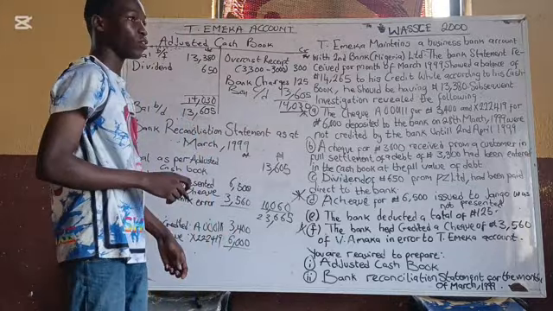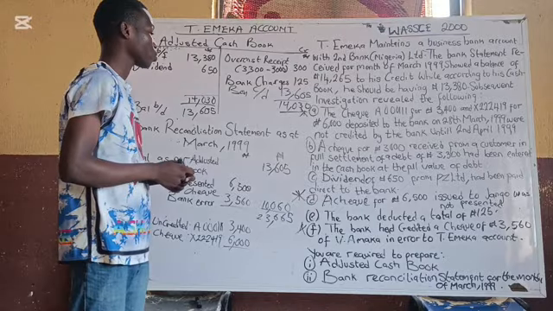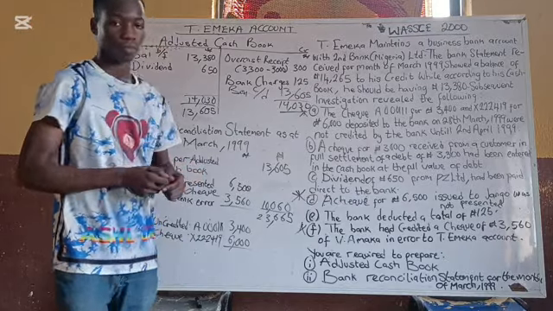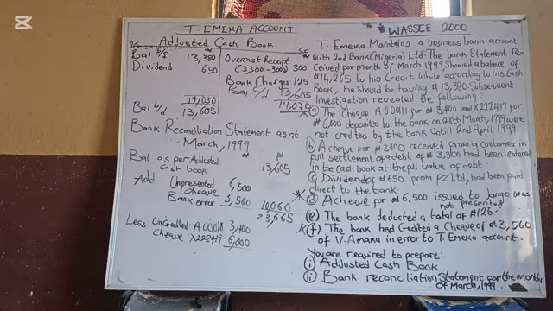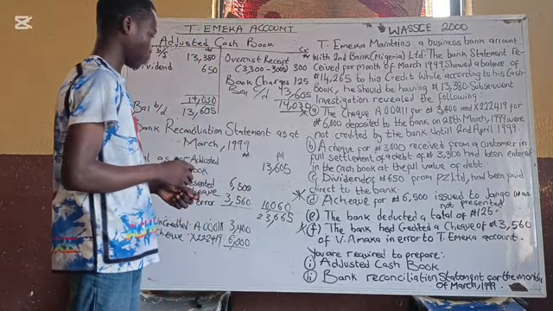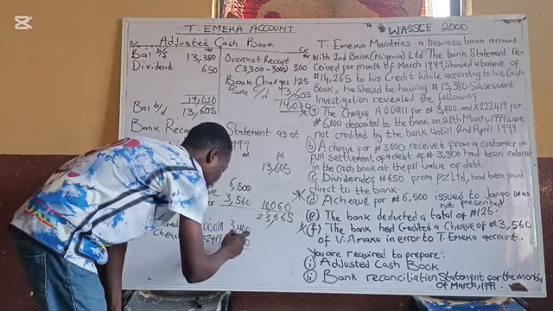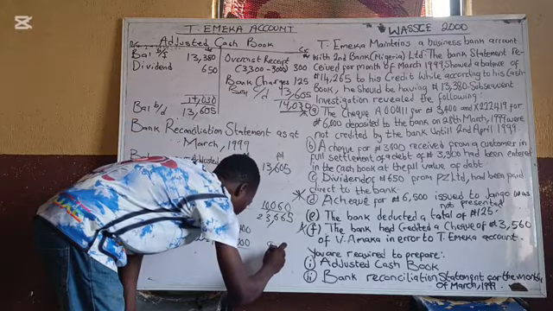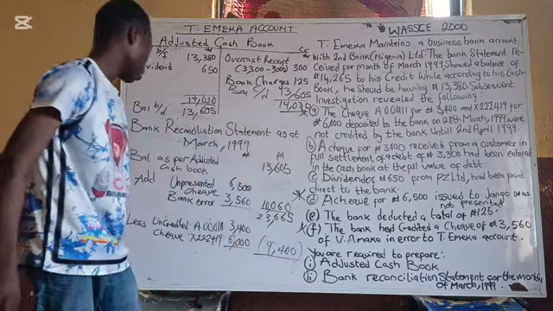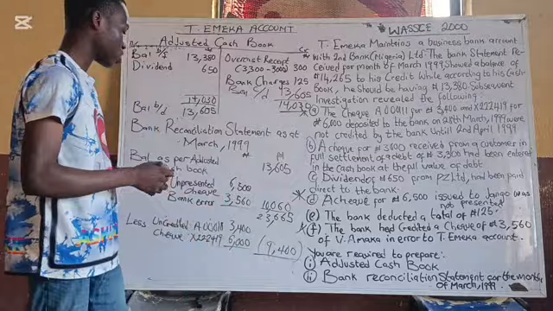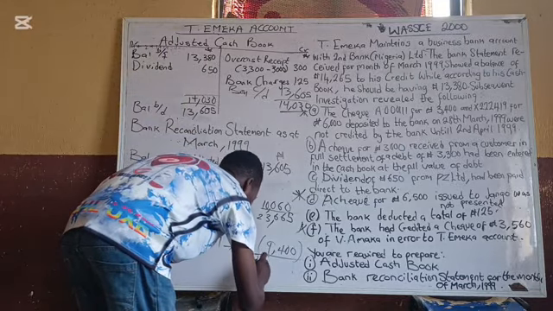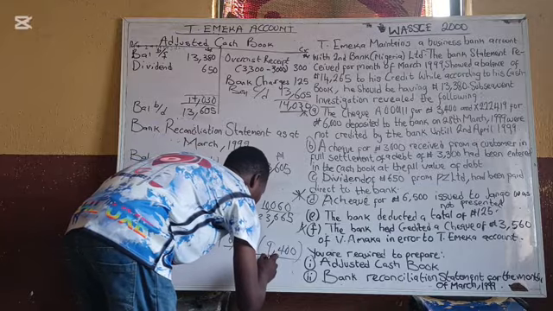The addition of these two is going to give us 9,400. So we are going to subtract, don't forget, less. We are going to subtract the amount from this. When you subtract the amount from that, you are going to have what? 14,265.